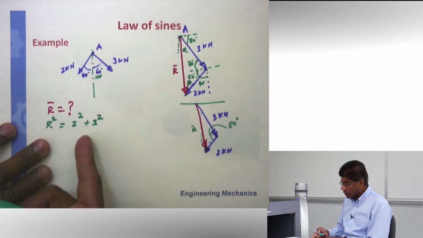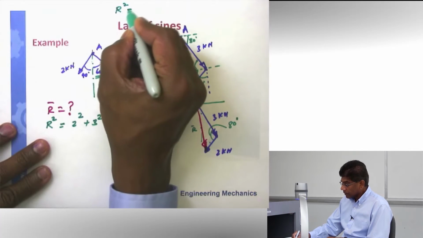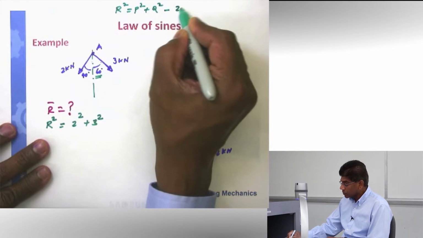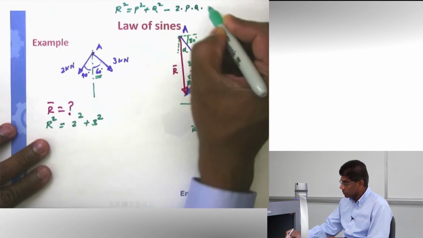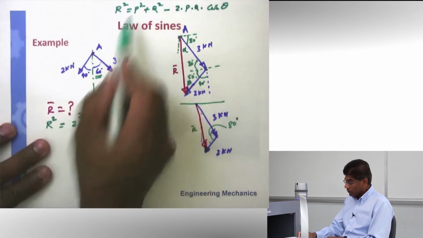By the way, if you forgot this formula, I'm going to write this on top here. R square equal to P square plus Q square minus 2 times P times Q times cosine, say, theta, the angle between. So I'm following this.